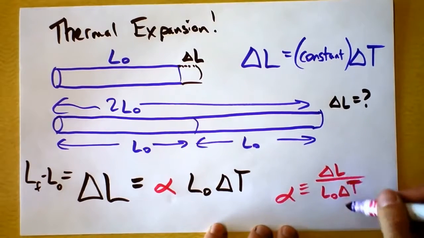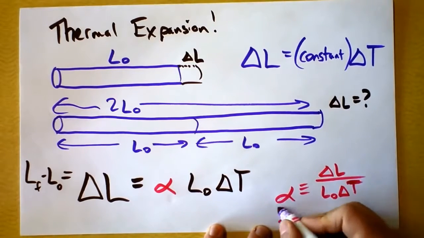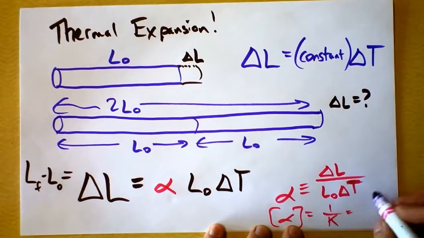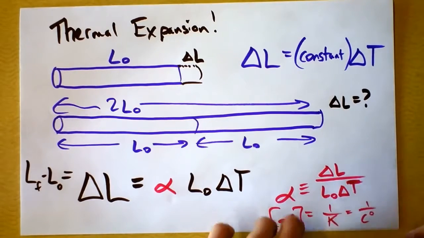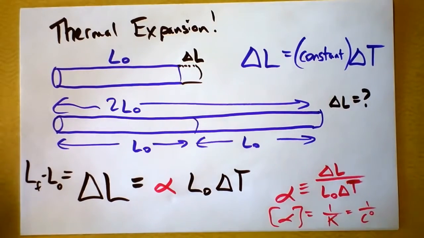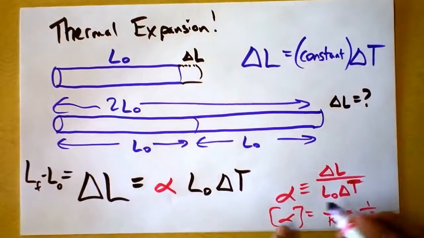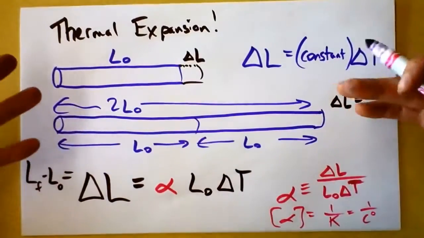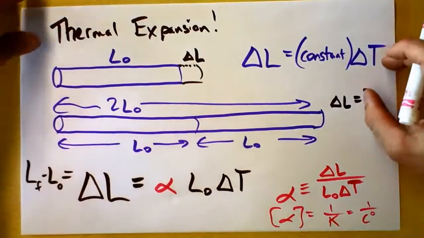Delta L and L have the same units, so alpha's units are 1 over Kelvin, and I guess that's the same thing as 1 over a Celsius degree. Interesting. That's really cool. This alpha probably depends on the material in question. So 2 different metals might have different expansion coefficients.